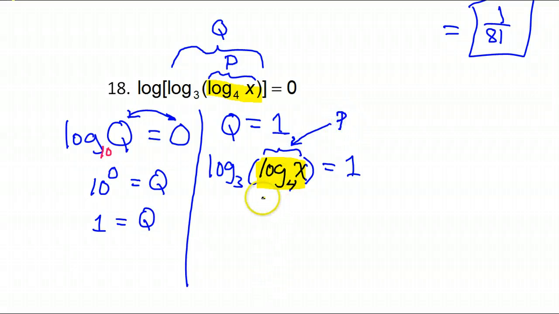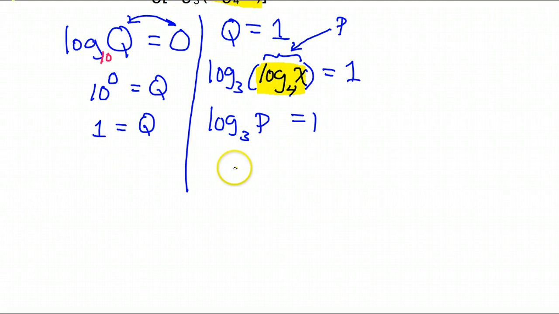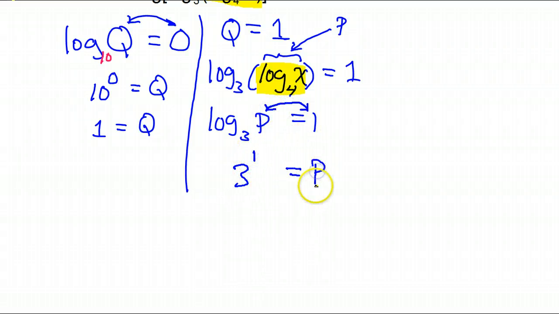Yeah, that's P. So that's why this is really log base 3 of P is equal to 1. Writing this in the other form, starting with the base: there's my 3, and then these two are going to change sides. So I've got 3 to the 1 power is equal to P. Obviously that means P is equal to 3.